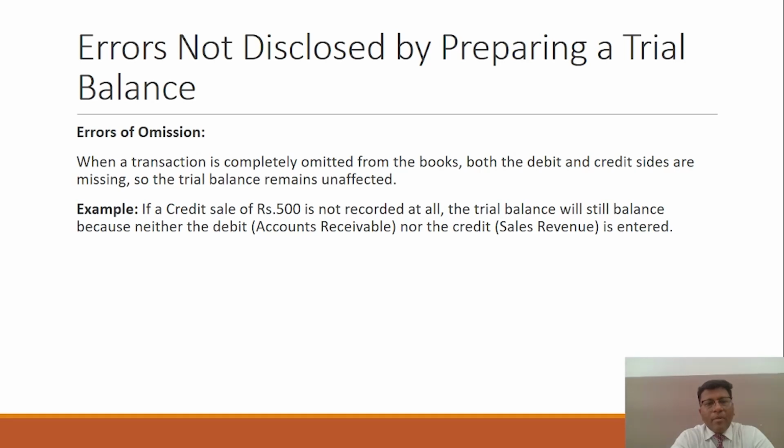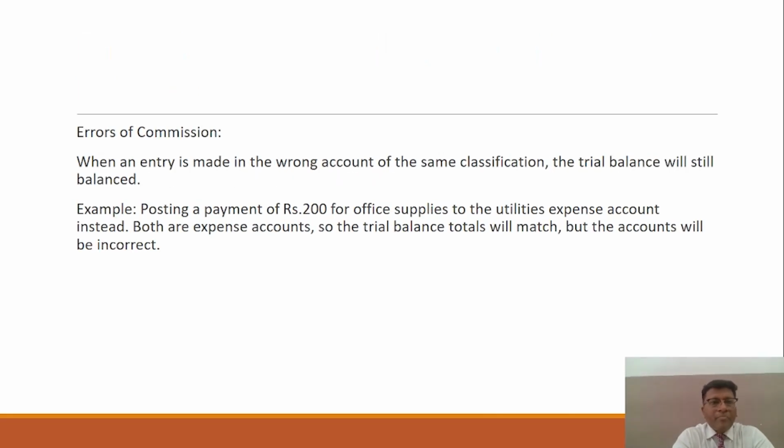The account receivable is debited, and you are not writing in the credit side, so the debit and credit side are both unaffected, and the 500 rupees transaction is not recorded. So there is an error, the error of omission. It means you are ignoring a particular transaction which took place in the business, and there is no effect on the books, no effect on the trial balance, but the error exists. This kind of error is called errors of omission, right?